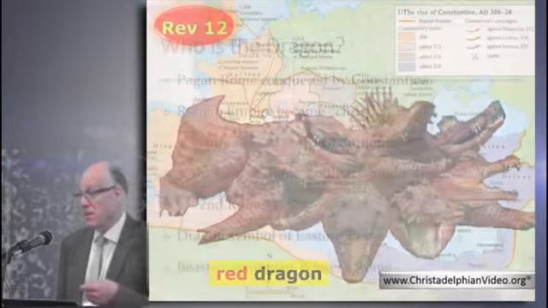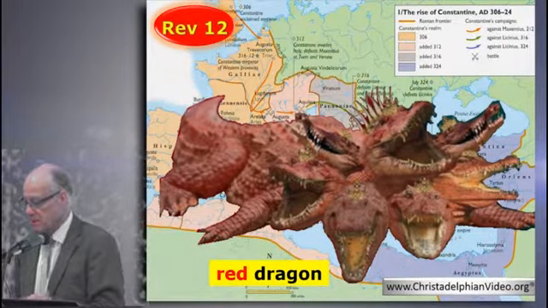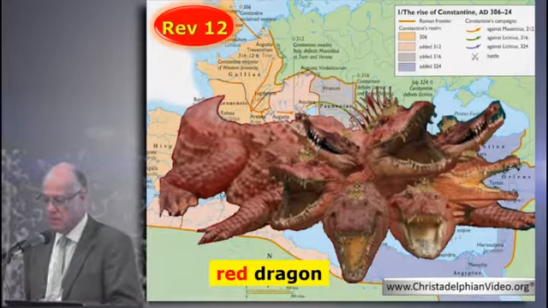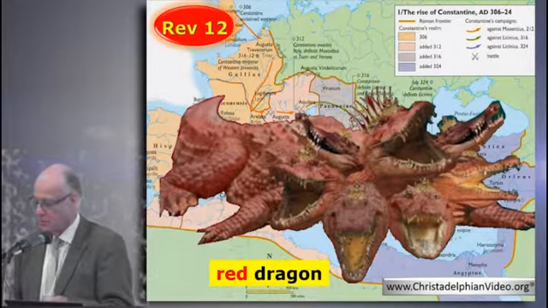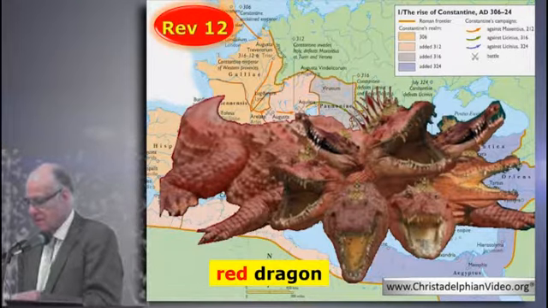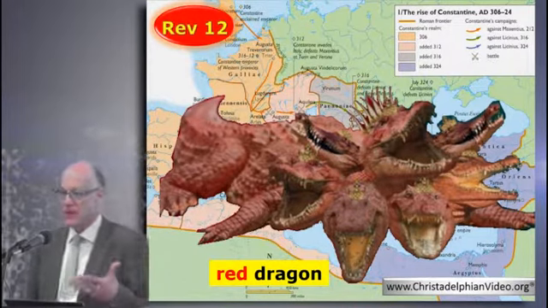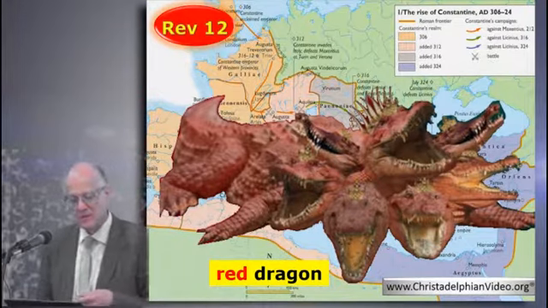It ceased to be pagan in the time of Constantine, and that's what Revelation chapter 12 is all about, the change from a pagan Roman world to a so-called Christian Roman world. It's telling us about the exploits of Constantine and how that red dragon was subdued and changed.